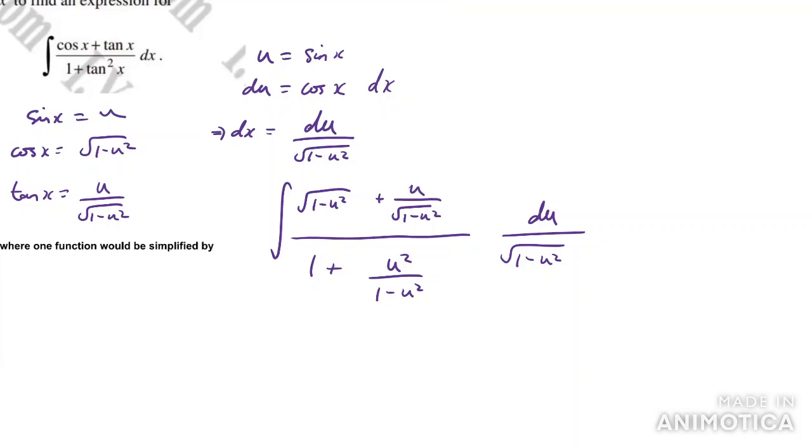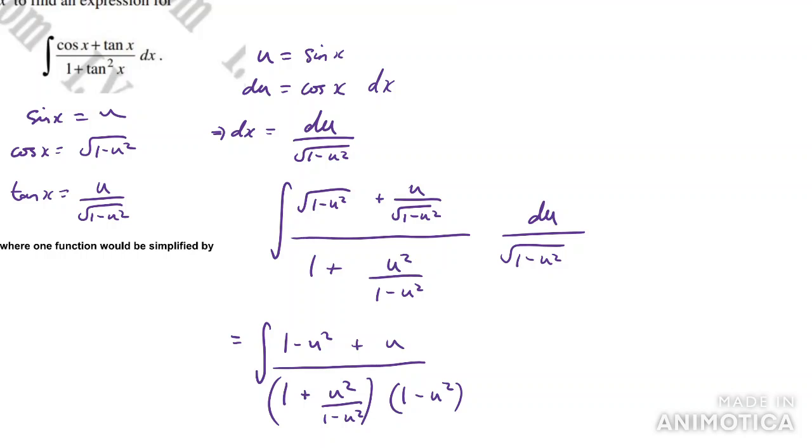And now tidying this up a bit, if we multiply the top and bottom by root 1 minus u squared, this becomes the integral of 1 minus u squared plus u all over 1 plus u squared over 1 minus u squared, times 1 minus u squared.